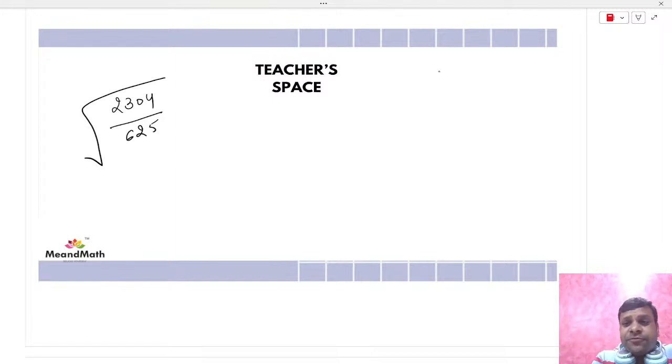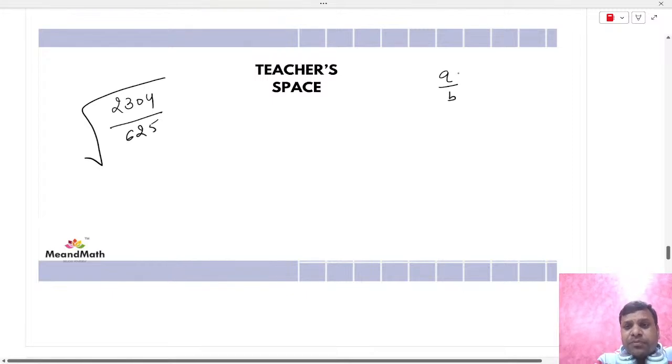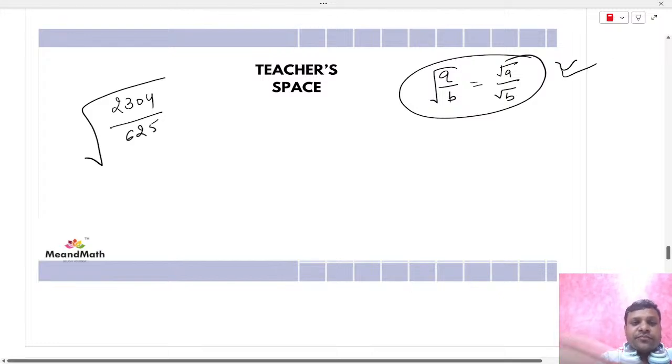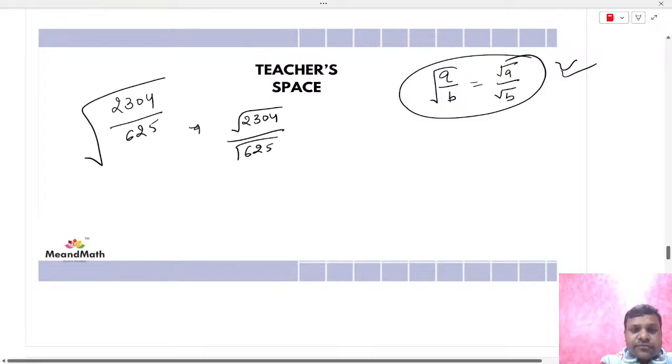If you remember the property of square root, that if we are taking the square root of a fraction, then we can take the square root like this. This is the property we can use here. So 2304 upon 625.